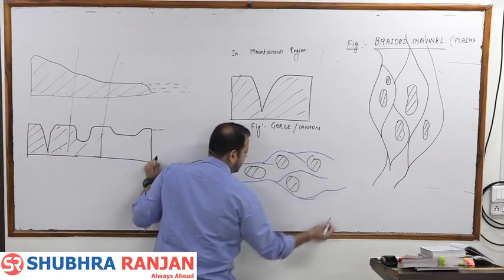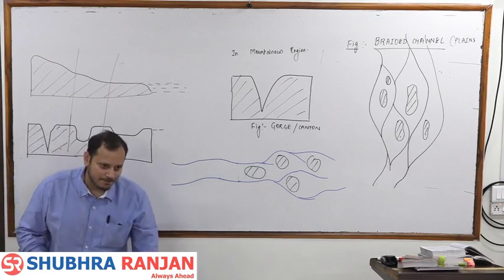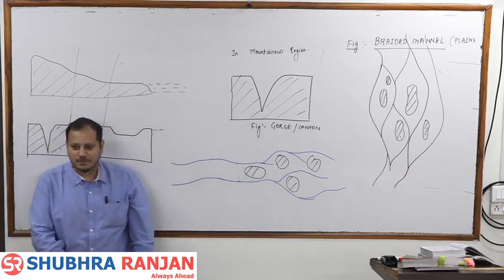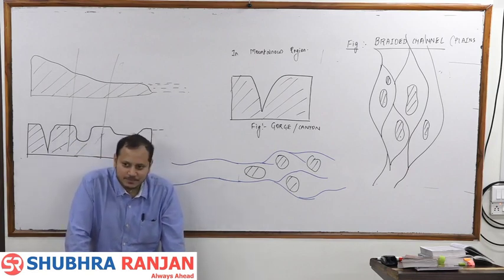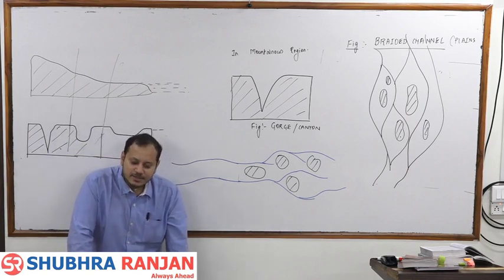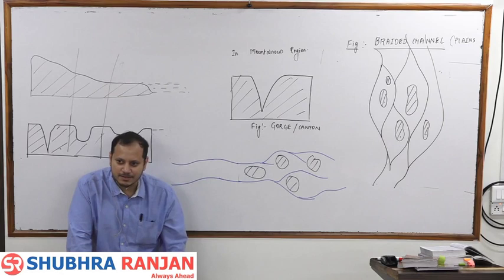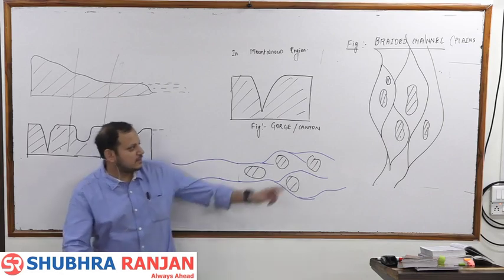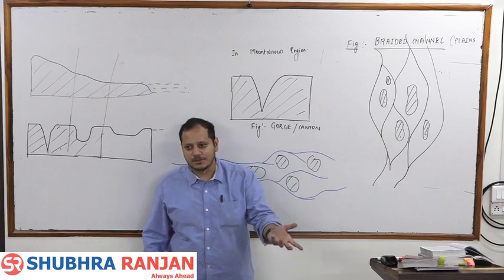And this channel is what is known as a braided channel. You study this in GS. Example, the Brahmaputra has the largest riverine islands in the world. These are nothing but islands, everywhere else there is water. Example, Majuli Island.